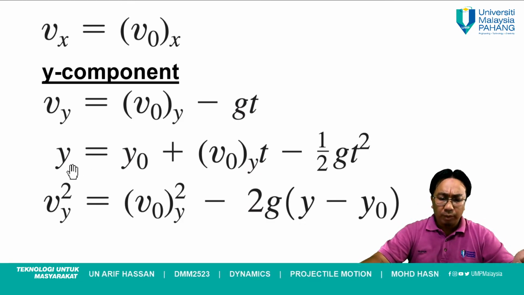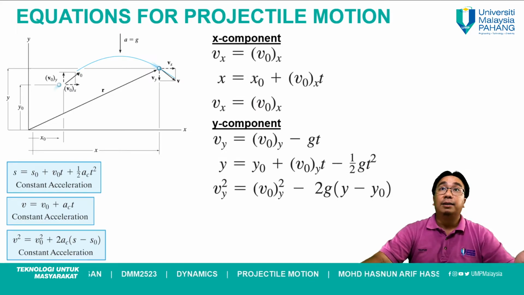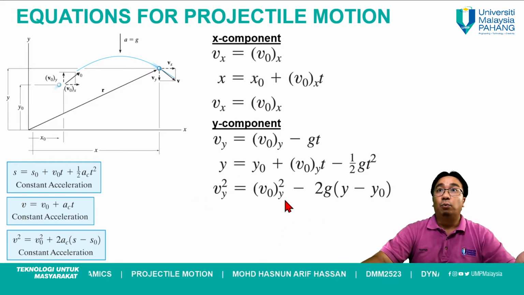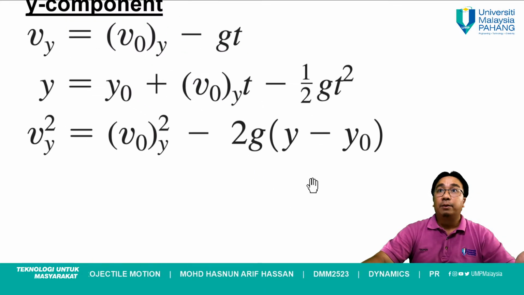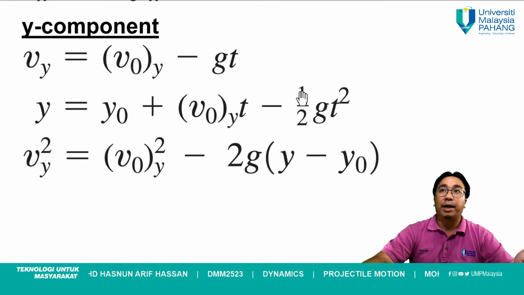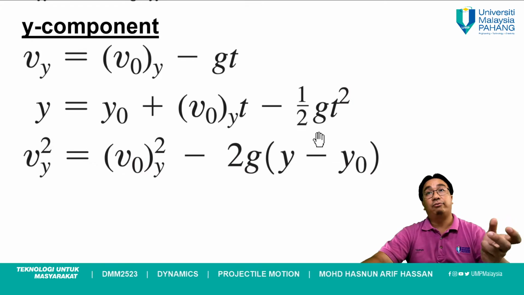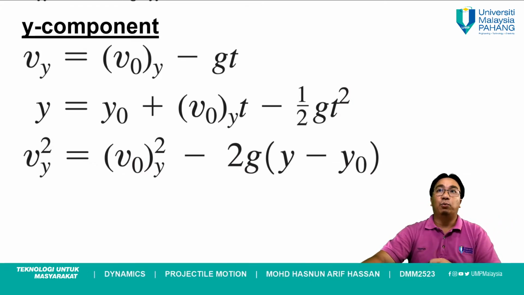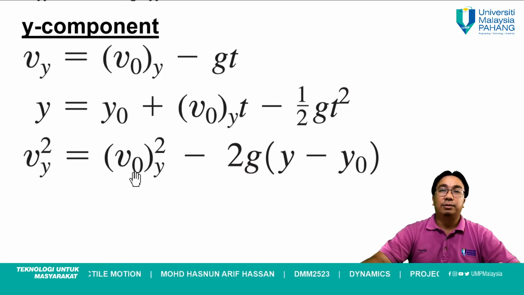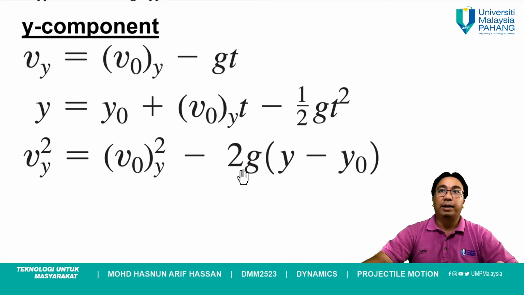Untuk displacement in y-axis, you have y is equal to y naught plus v naught yt minus half gt square, ataupun yang saya tulis tadi half times 9.81 t square. Dan yang terakhir, vy square is equal to v naught y square minus 2g times y minus y naught.